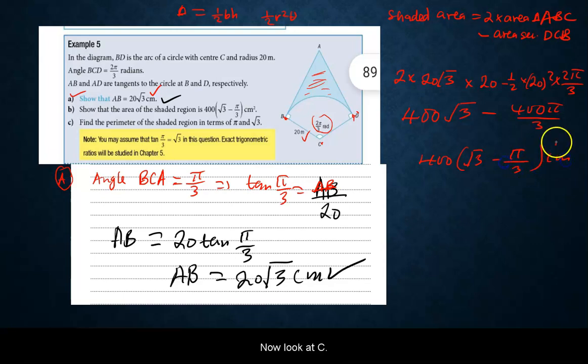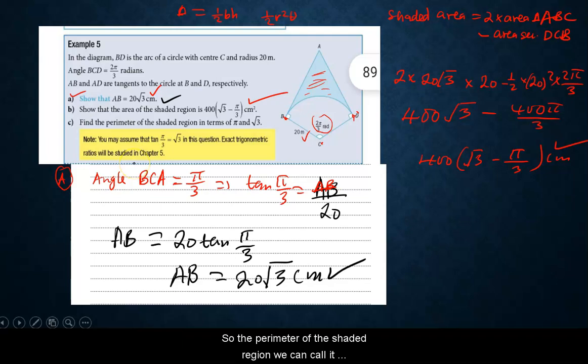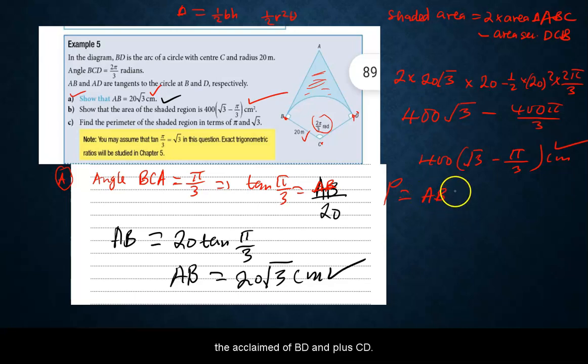Now look at C. Find the perimeter of the shaded region. So the perimeter of the shaded region, we can call it P, is equal to AB plus the arc length of BD, plus CD.